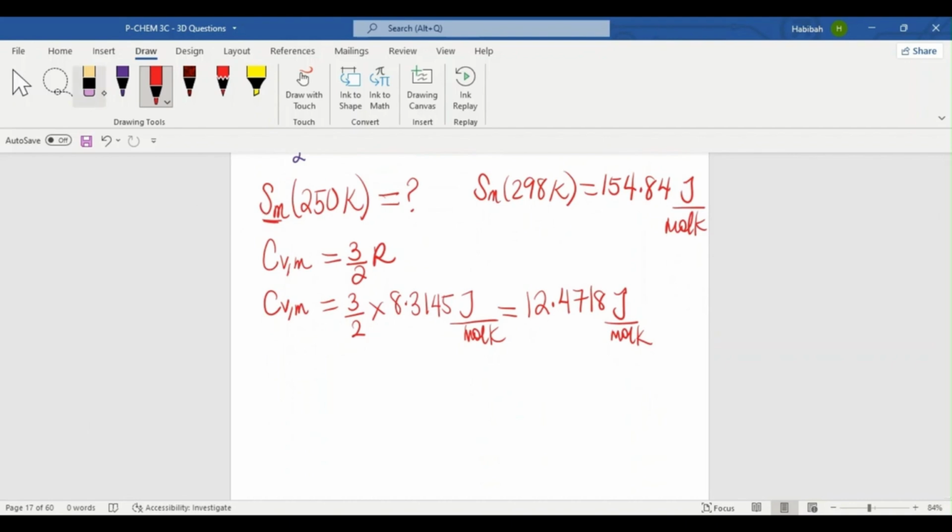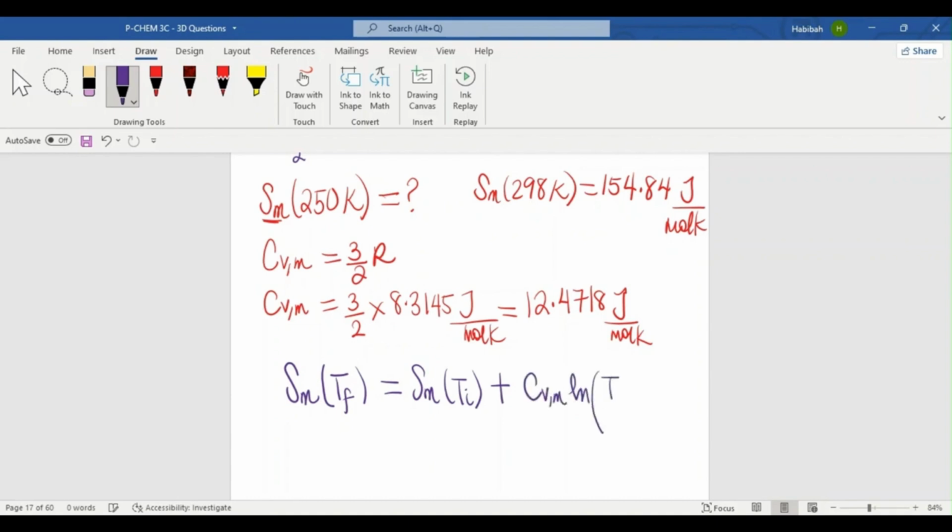Now I wanted to explain something to you guys. The general formula to solve a question like this is: the molar entropy at the final temperature is equal to the molar entropy at the initial temperature plus the heat capacity CV,M times ln T final divided by T initial, where CV,M is used because it's a constant volume process.